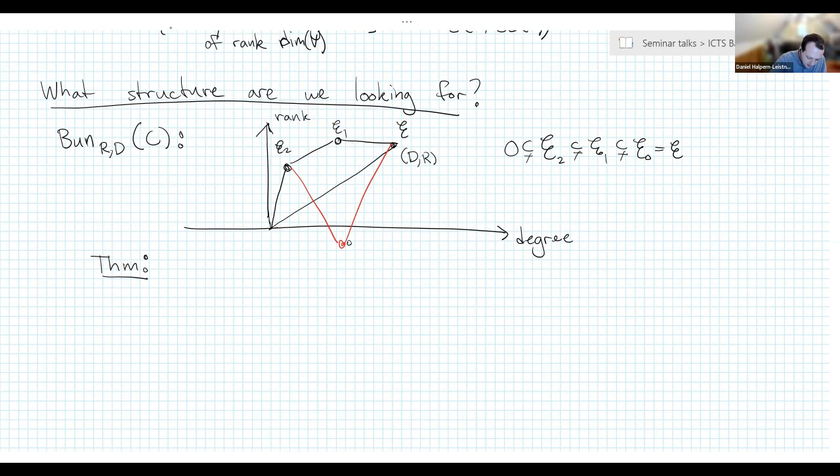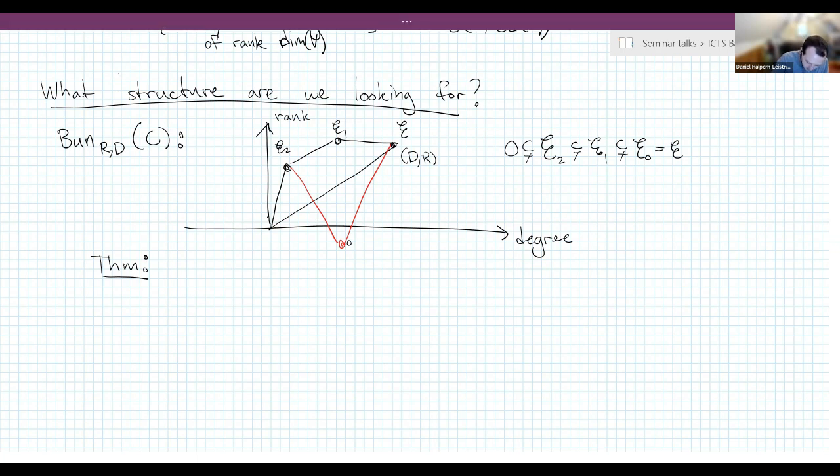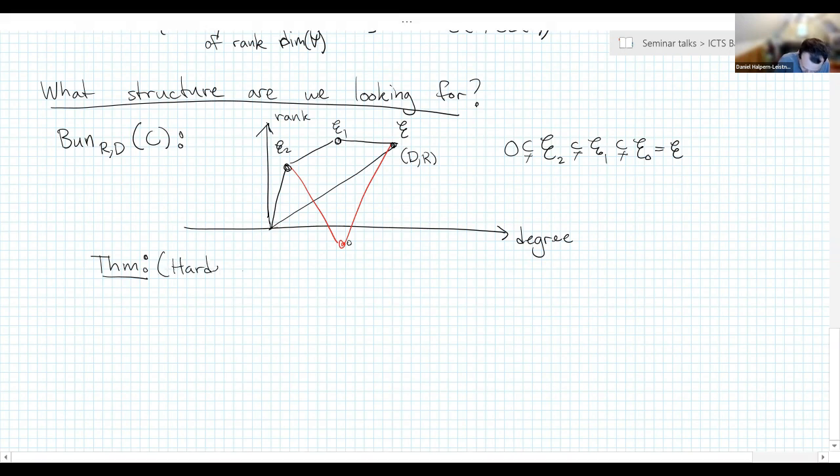the Harder-Narasimhan theorem says, and actually I'll put Schatz and maybe others, maybe Seshadri, and maybe Mumford. I'm going to smush everything about this moduli problem together into one theorem.